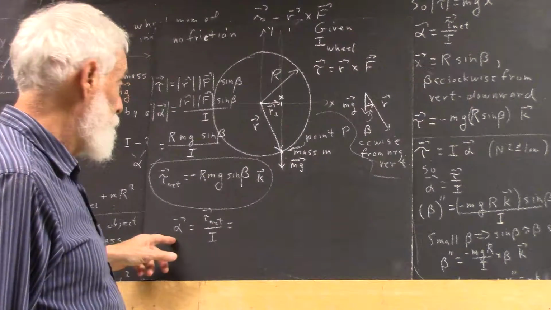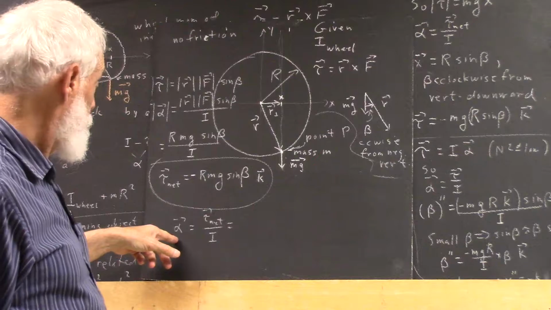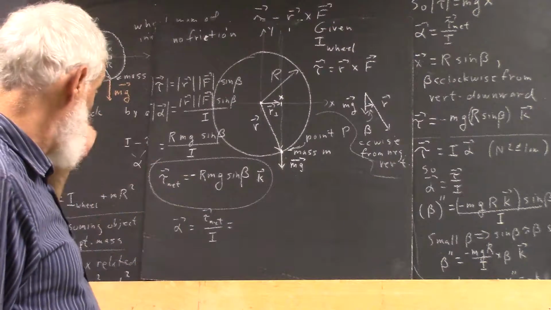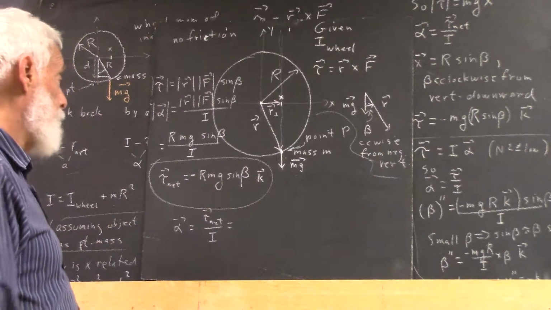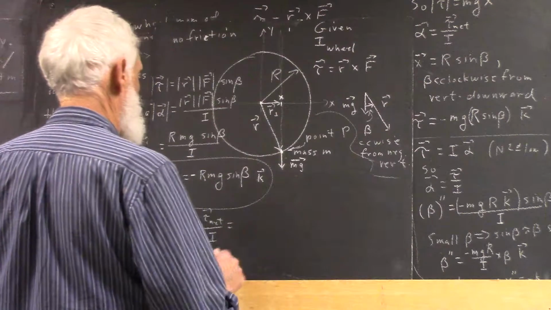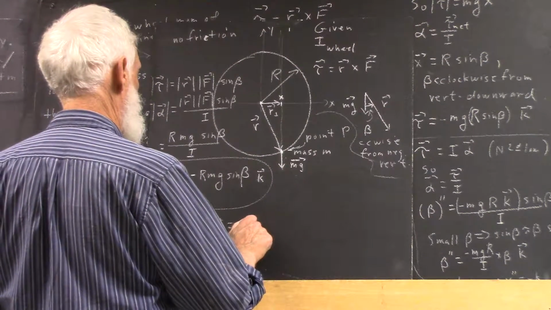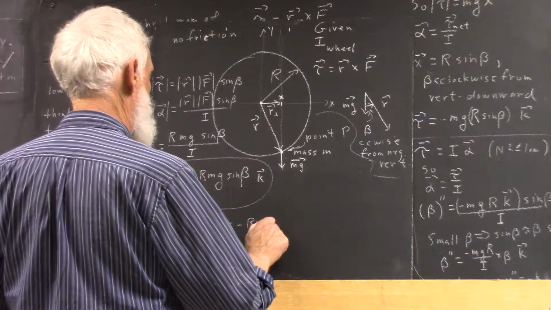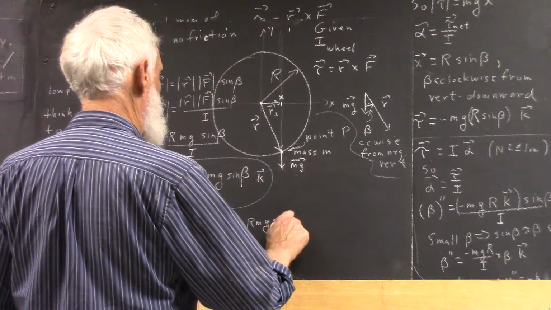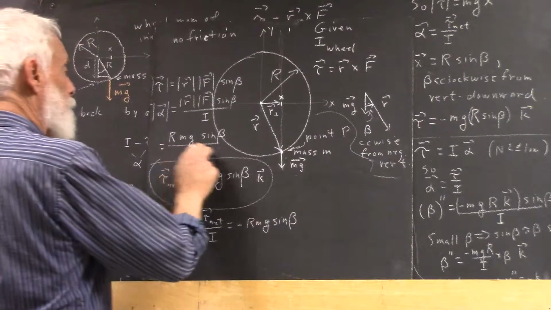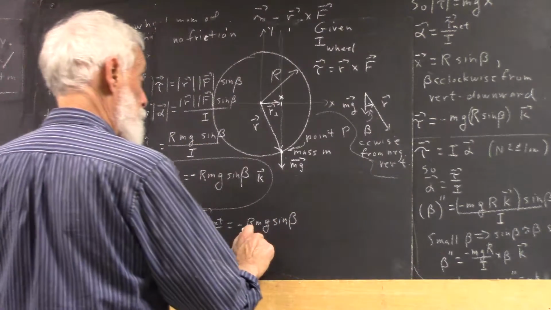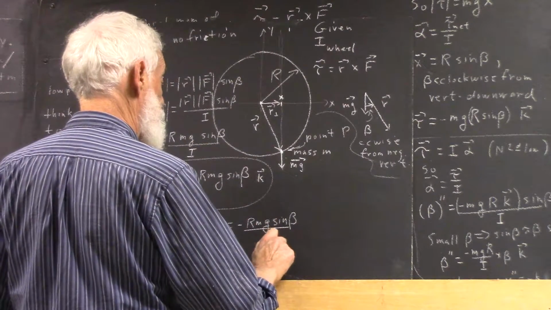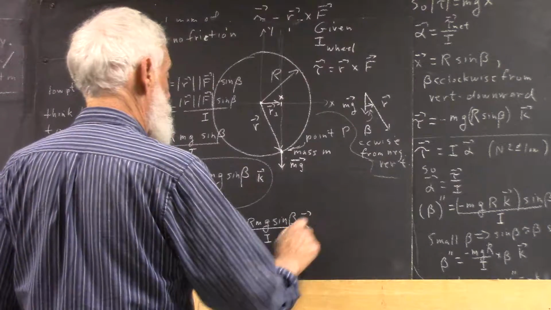In that case then, our angular acceleration, net torque divided by I, is just going to be negative R mg sine beta, same expression that we got here originally, divided by the moment of inertia, times k.